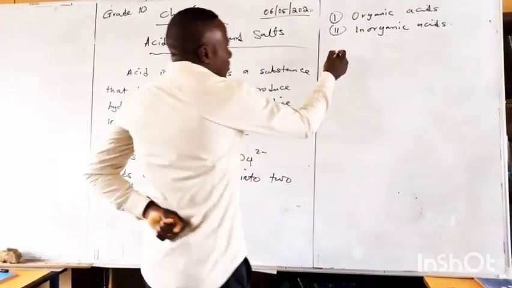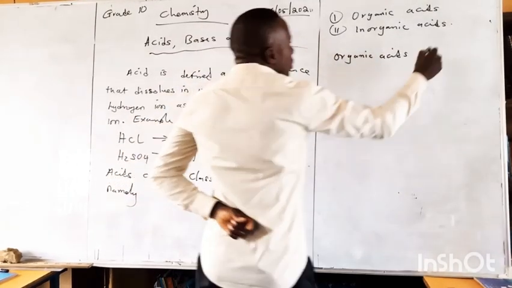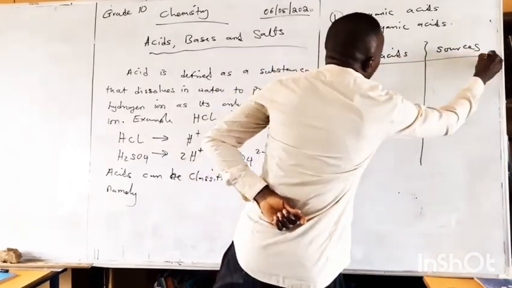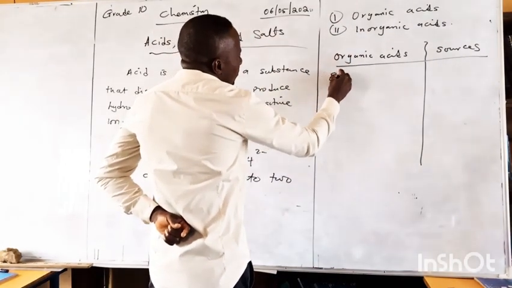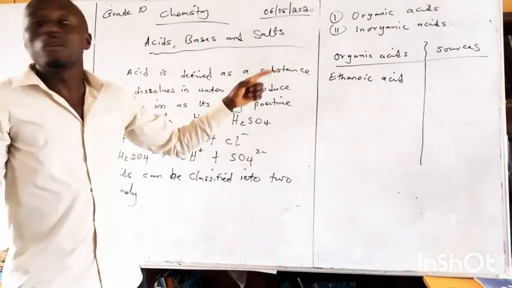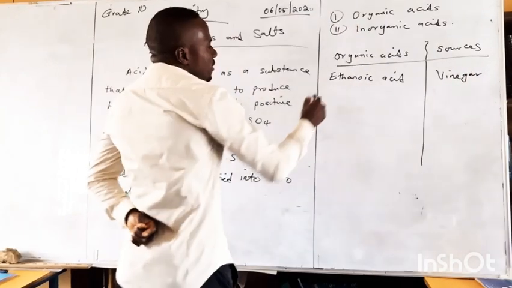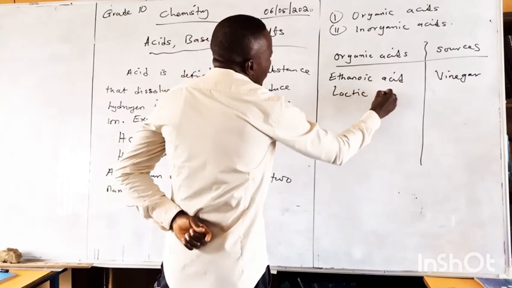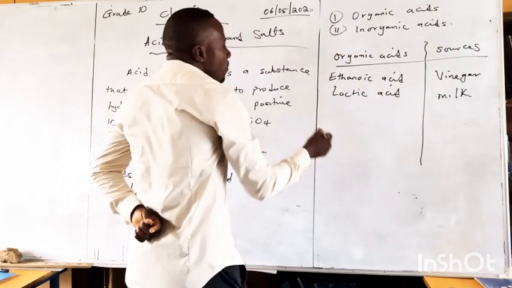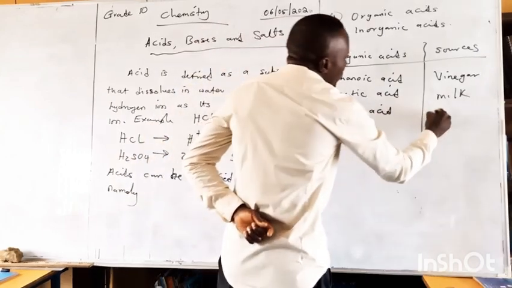Let's look at some examples of organic acid and their sources. Number 1, ethanoic acid. This acid is gotten from vinegar. We have lactic acid, gotten from milk. Amino acid, gotten from proteins.